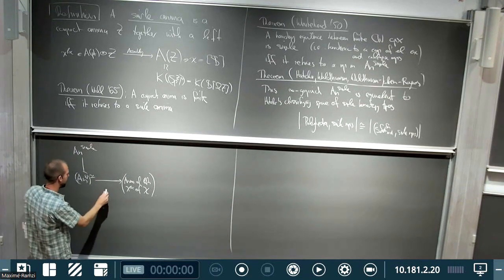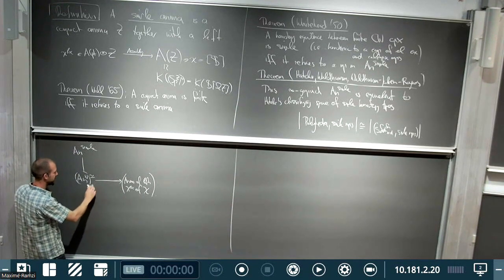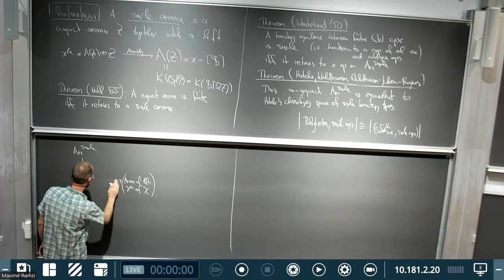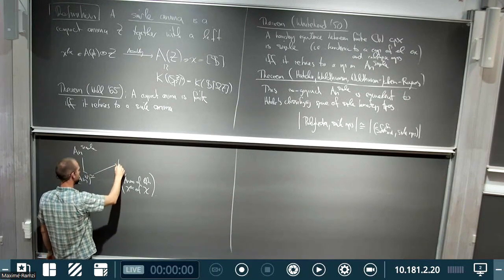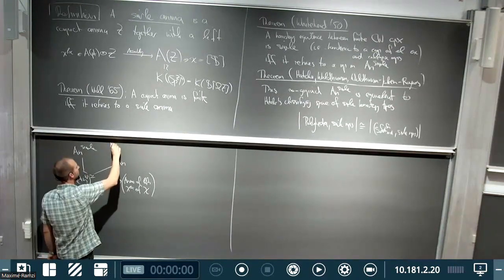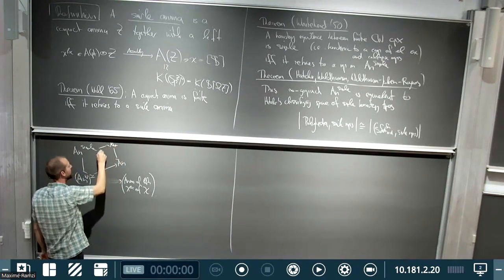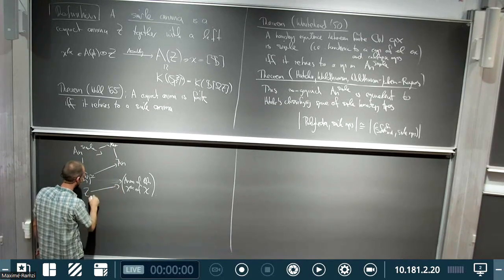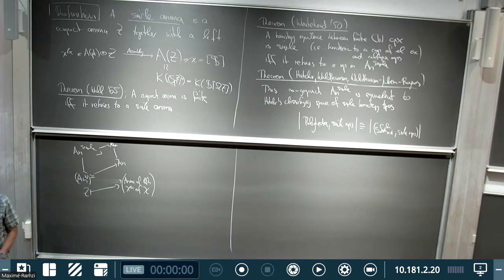I should have, you're right, I mixed up the format. This is what the map does, and maybe I give source and target. So this is maybe into anima itself, and then you take pointed anima, a pullback, and the assignment will send x, z to the anima of lifts. Yes. That's the correct way.